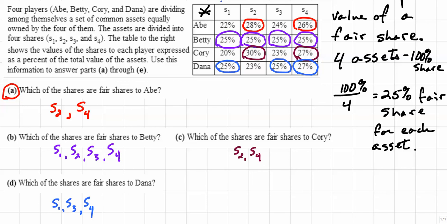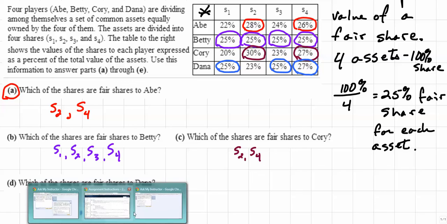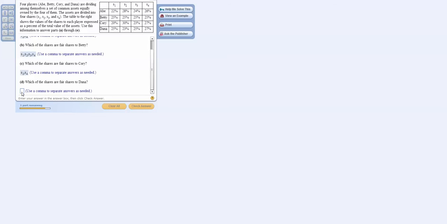And we'll enter that into my MATLAB, doing the same thing that we've been doing. So we have S sub 1, right arrow key, comma. Then we'll type in S sub 3, right arrow, comma, and S sub 4. And then we will check the answer.